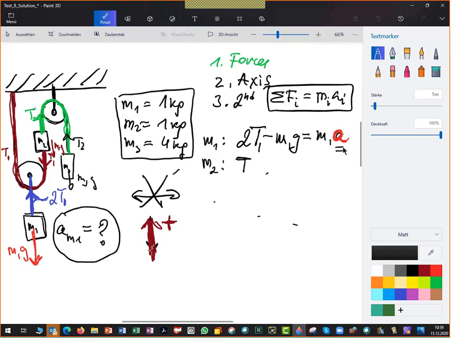It is positive, T2. T1 is pulling downwards. That means it is minus. And gravity is also acting downwards. So that's why we need to put it here, M2G minus. And it will result in acceleration of this body MA.